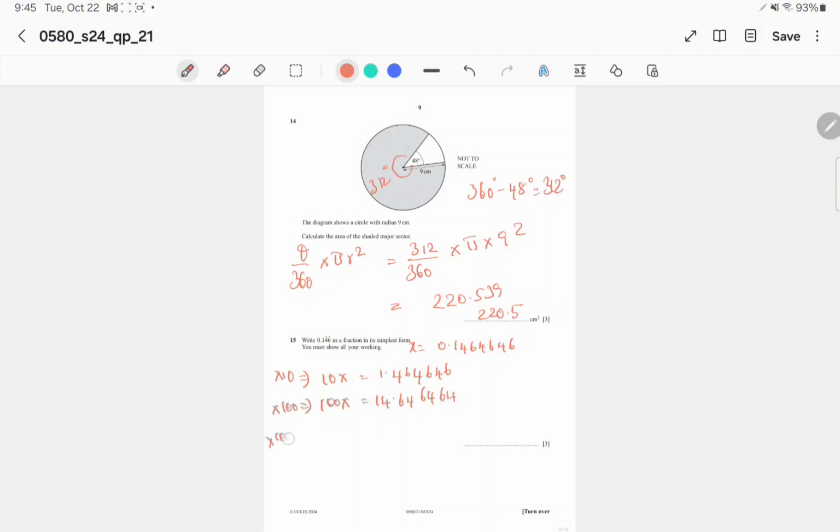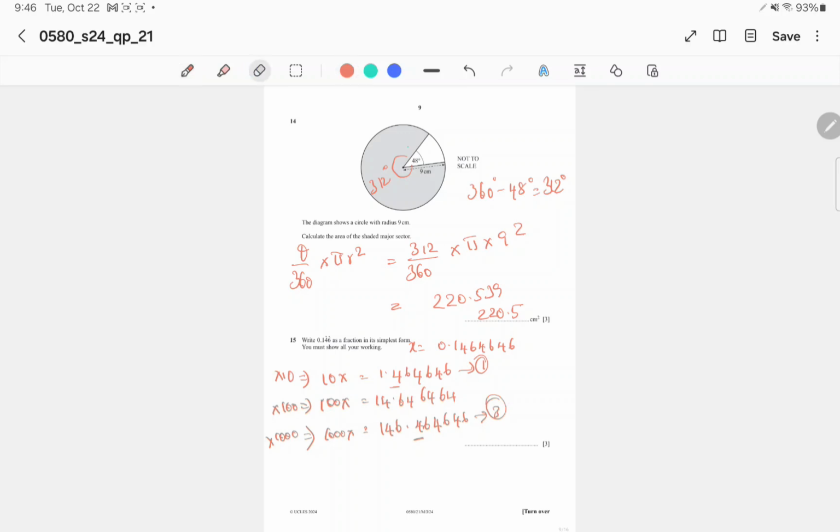If it is by 1000, the numbers after the decimal should come the same, but here it is not the same, so we will go for 1000. Then the answer will be 146.464646. So in this third equation and the first equation, see the numbers after the decimal are the same, so it is easy for us to subtract and get the answer.